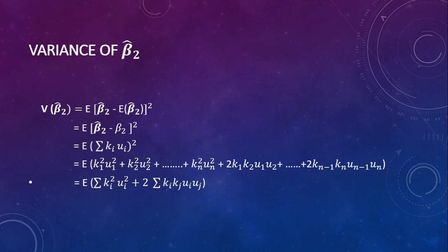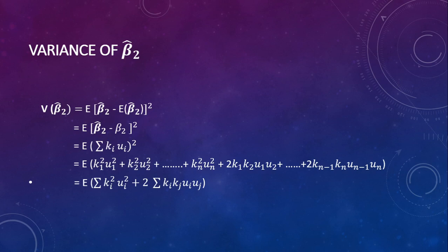And we have already shown that expected value of beta 2 hat is equal to beta 2 because this is an unbiased estimator. So in the second step, we can write like this. Variance of beta 2 hat is equal to expected value of beta 2 hat minus beta 2, the whole square.